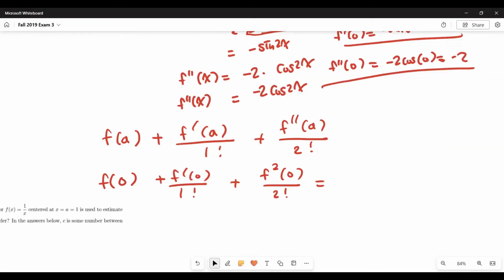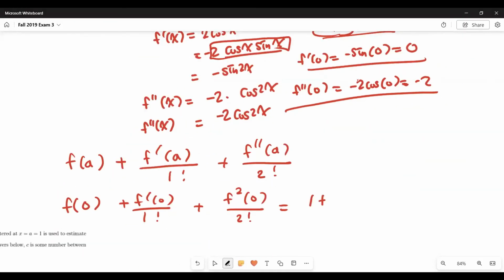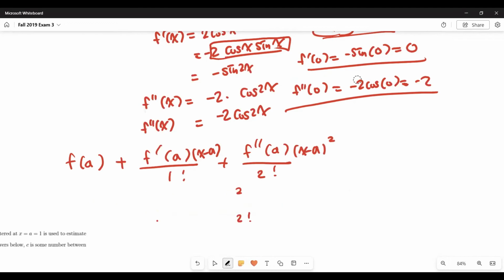So f of 0 is, what was it, 1. Cool, we have 1 plus 0 and, oh, I forgot to write the x minus a part. Yes, x minus a is also important. Yeah, sorry, I'll just rewrite this equation.